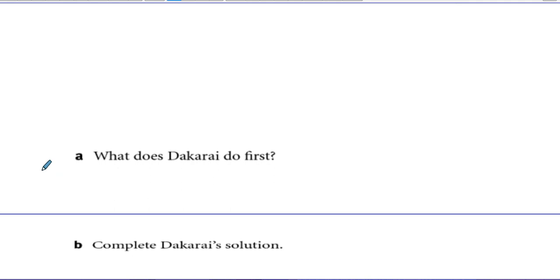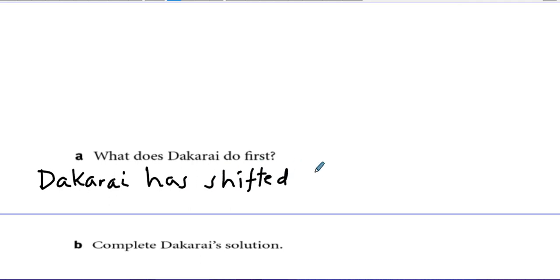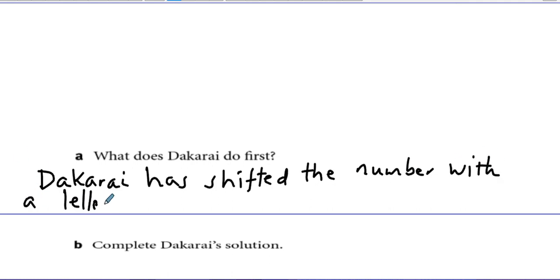So here we say Dakarai has shifted the number containing a letter, the number with a letter, from left hand side to right hand side. That is what has happened.